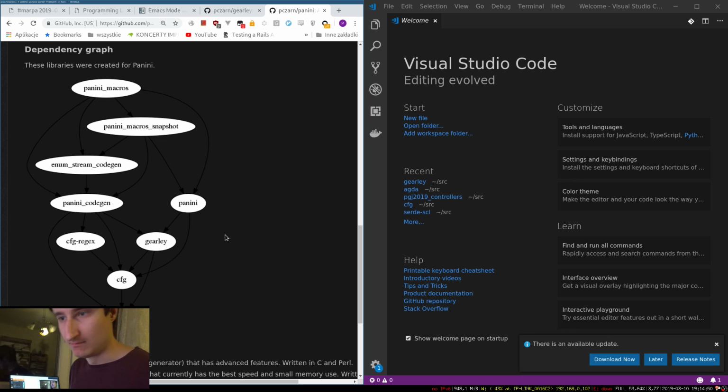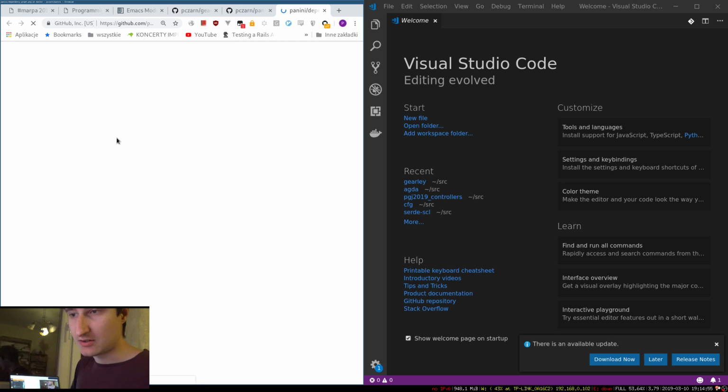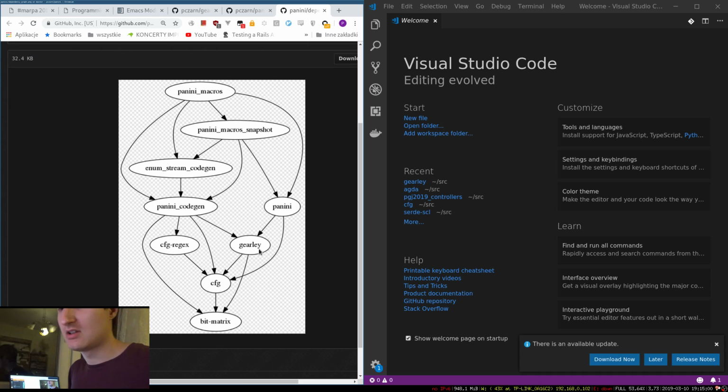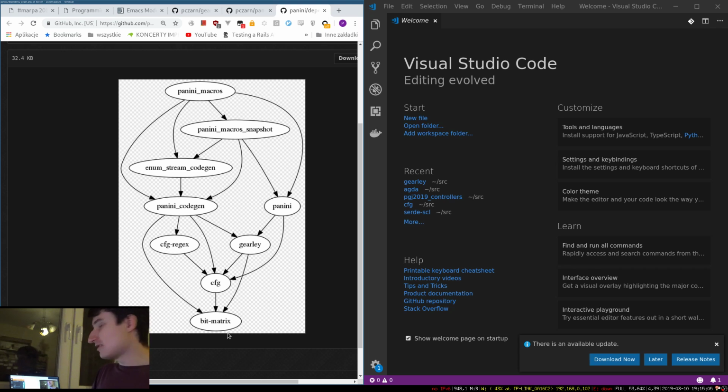This is the difference between compile time and runtime. Further, as you can see, we have arrows, so GRE itself uses two packages I wrote, although Panini, which is the generator, uses CFG more extensively, and GRE is mostly using bit matrix more extensively, because it's important in the recognizer.